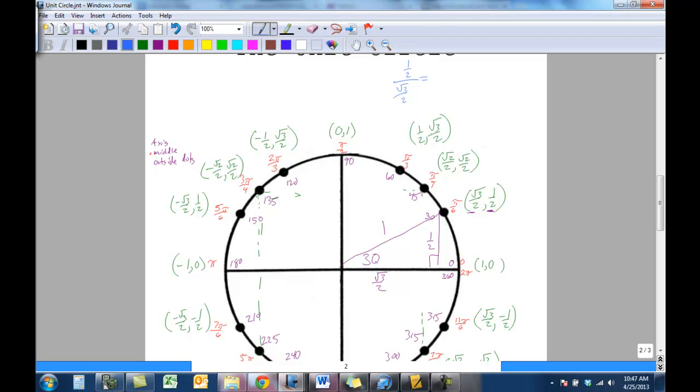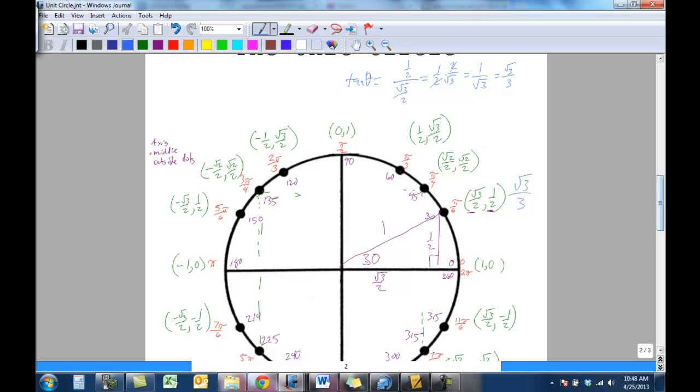So 1/2 divided by √3 divided by 2 is 1/2 times the reciprocal, 2 divided by √3. The 2's cancel. You're left with 1 over root 3, which is root 3 divided by 3. So this is root 3 divided by 3.